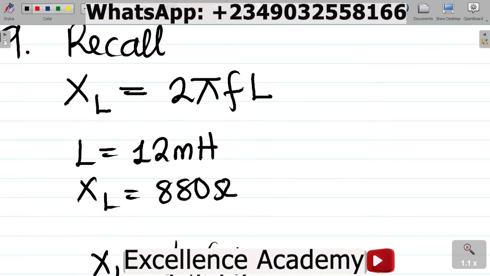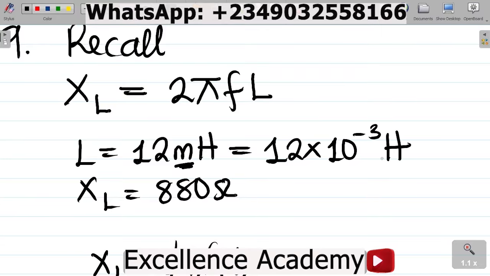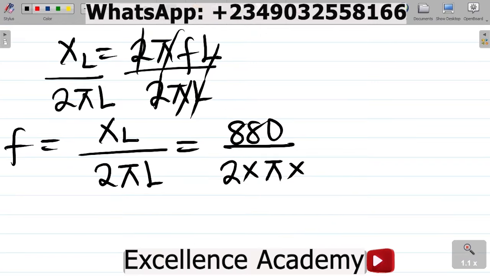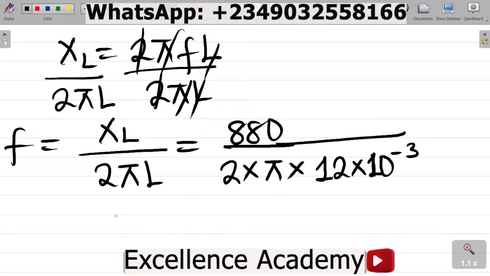Coming back to L, you can see that L is in millihenry. Convert this to Henry: 12 times milli, which is 10 to the power minus 3. That's the value of milli, all right? Then Henry. So in essence, the value of L here is 12 times 10 to the power minus 3. F is equal to, I'll put this in my calculator and punch this real quick.